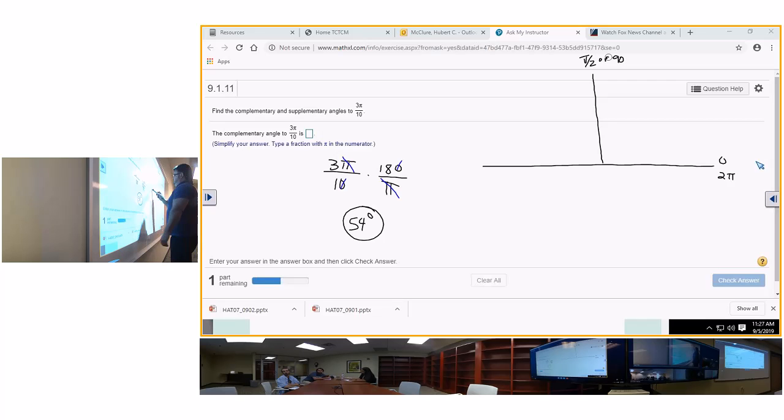And we know this is pi or 180. The reason I don't draw 270 is because they're asking for a complementary angle. We know that this angle given is 54 degrees, or what is it, 3 pi over 10?